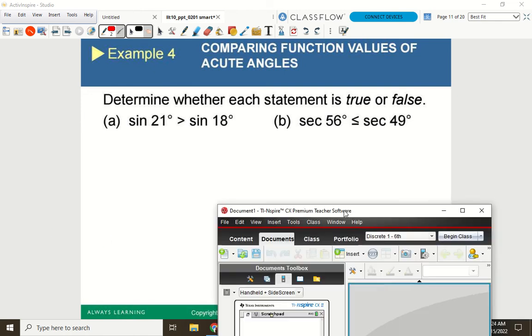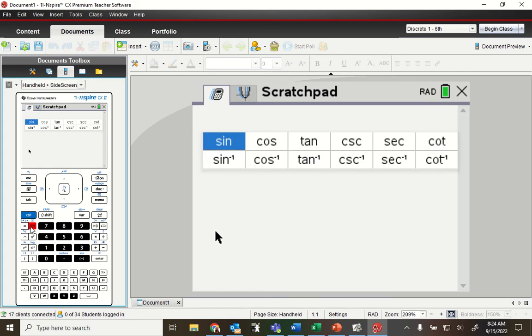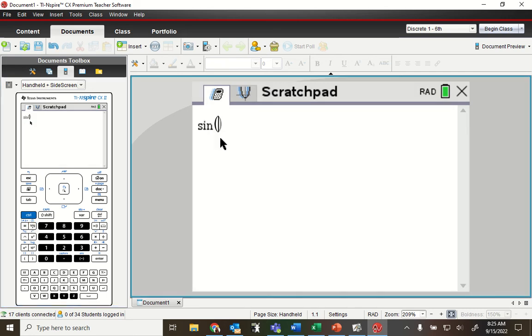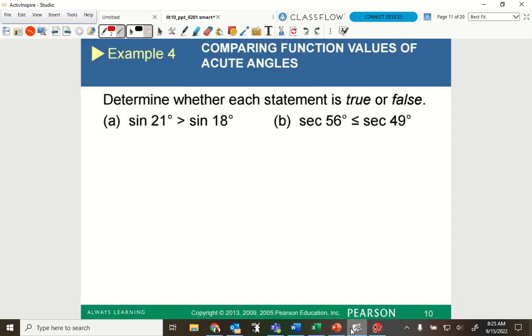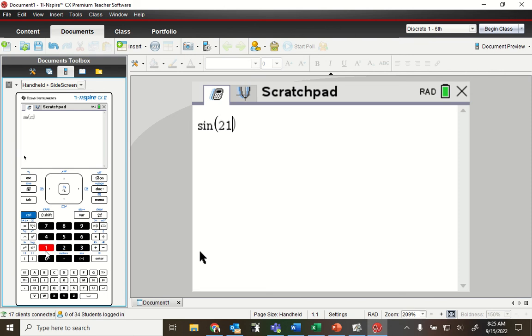So, sine 21 greater than sine 18. Let's check it. It's called a test. So in the calculator, we're going to do a test. So sine, and what was my angle? 21. So 21, and what can I not forget?